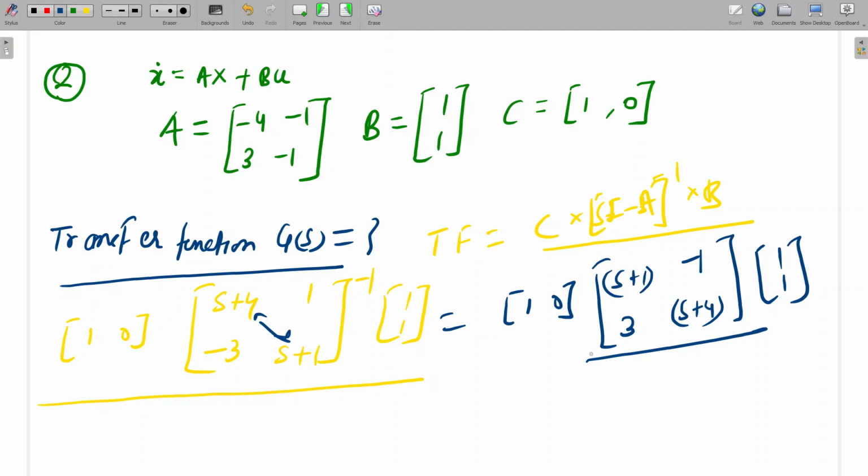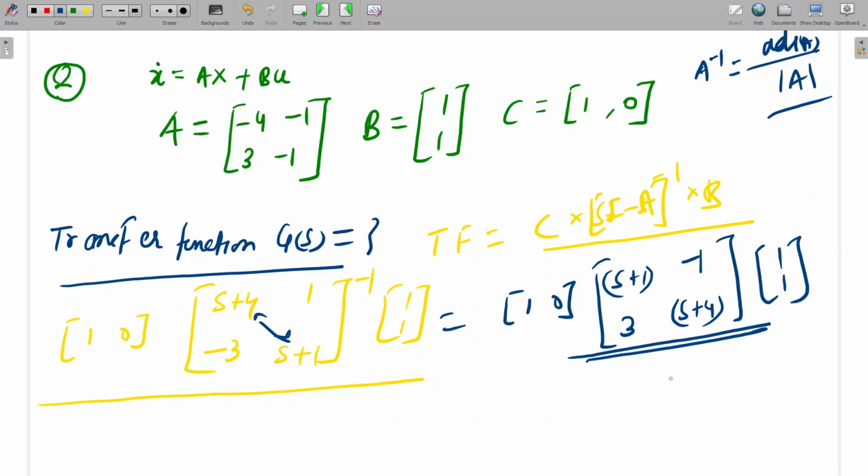A inverse is equal to adjoint of A divided by determinant of A. Adjoint means we just interchange these values and multiply the off-diagonal ones by minus. So minus 1 and 3. Is it correct?